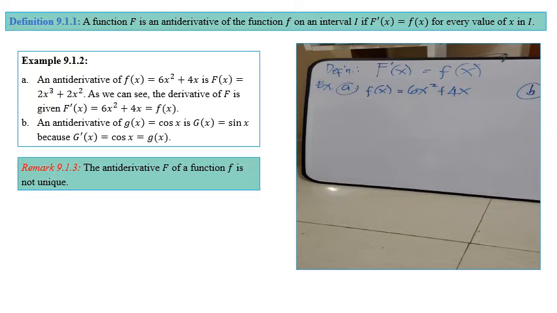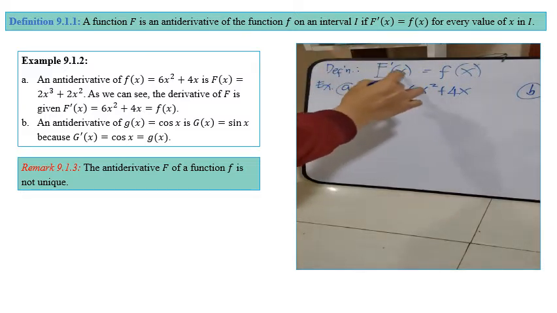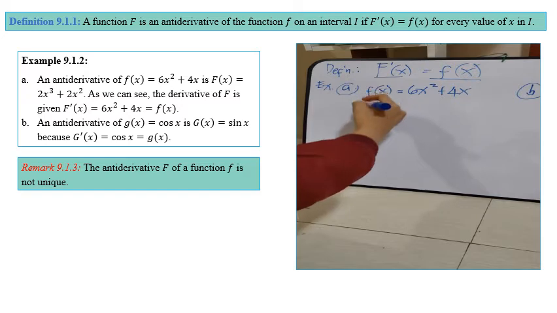So, sa definition 9.1.1, a function capital F is antiderivative of the function f on an interval I if F prime of x is equal to f of x for every value of x in interval I. For example, class, sa letter A, an antiderivative of f of x equals to 6x squared plus 4x is, okay, paghahanapin natin class.